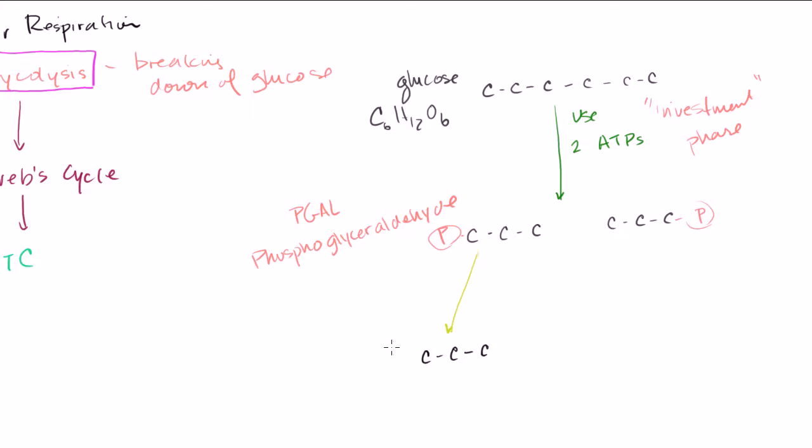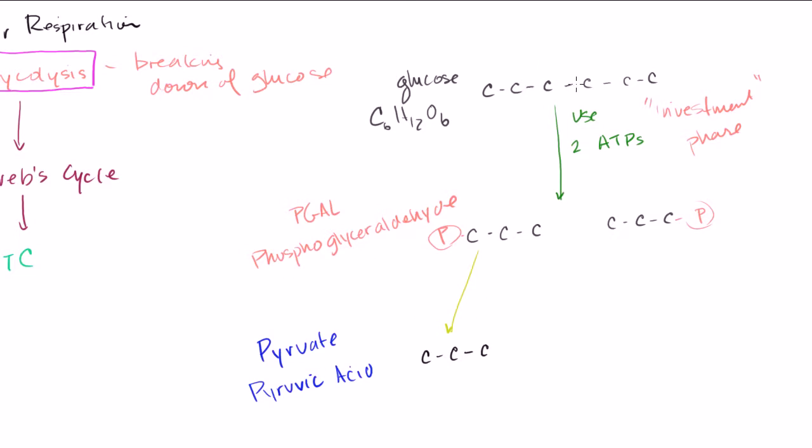Let me write pyruvate in blue, because at least it's good to know the word. I'll show you its structure in a second. Pyruvate is sometimes called pyruvic acid. Same thing. And that's essentially the end product of glycolysis.